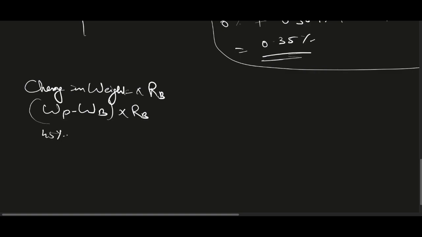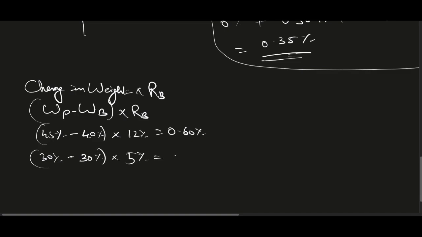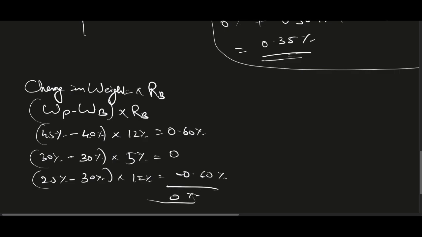So this is what I wrote there. I'm just copying it. 30% minus 30 percentage into 5 percentage equal to 0. 25 percentage minus 30 percentage into 12 percentage equal to minus 0.60. So this gave me 0 percentage.